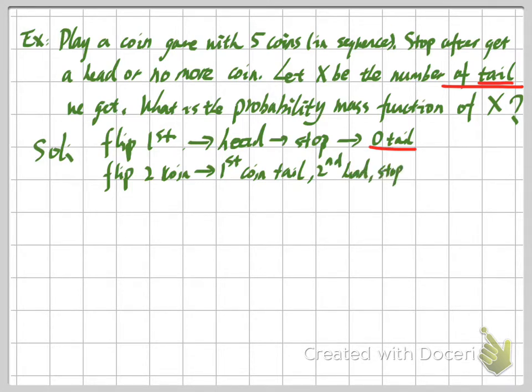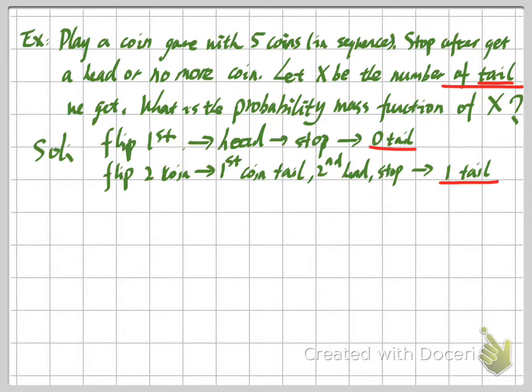In this situation, we get one tail and one head. Because for our random variable X we only care about the number of tails, the value of X should be 1.